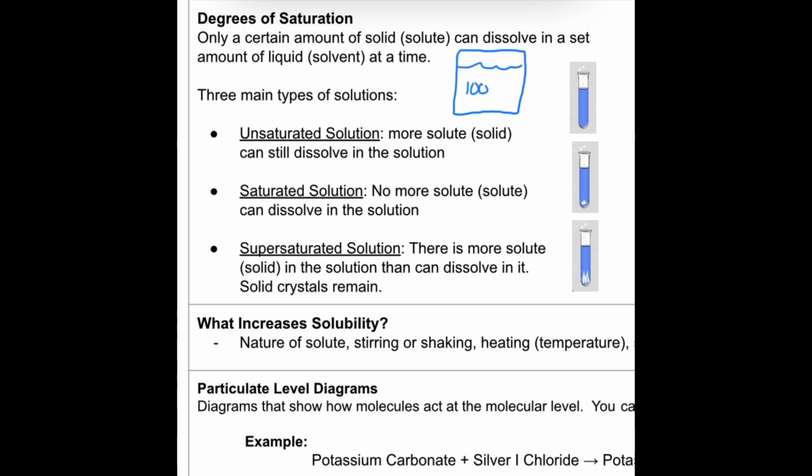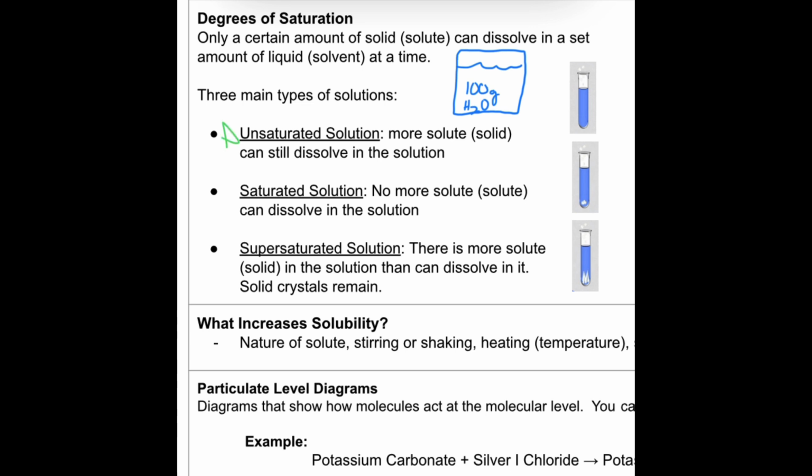Let's say it has 100 grams of water in it, right? I cannot keep dumping salt in there and expect infinite salt to dissolve in that water. At a certain point, I am going to oversaturate the water in that beaker with salt, and that salt will stop dissolving. So that's kind of what I'm talking about when I say degrees of saturation.